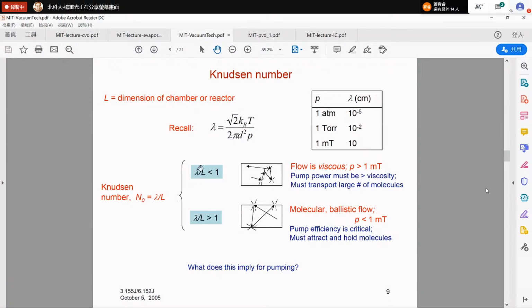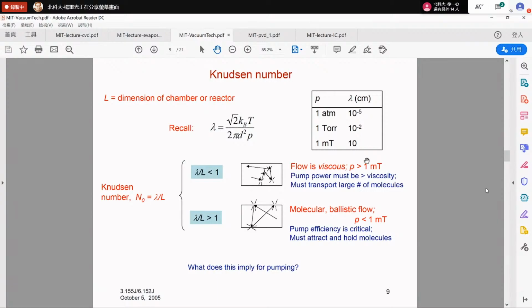If lambda divided by L is less than 1, which means the mean free path is far less than the reactor dimension, in this case the flow is viscous.